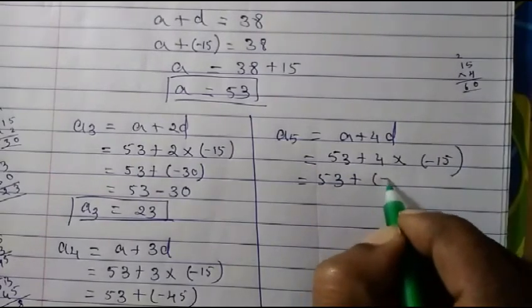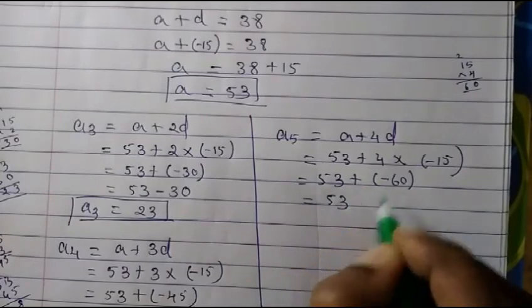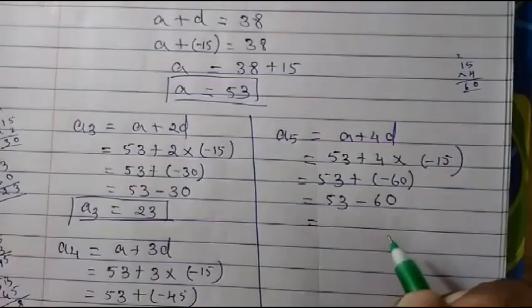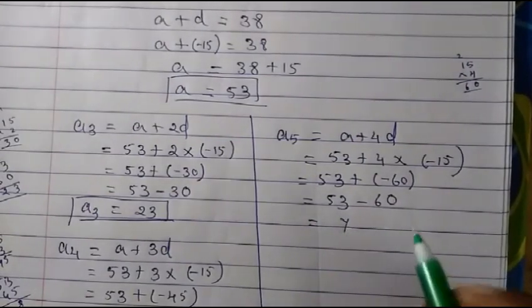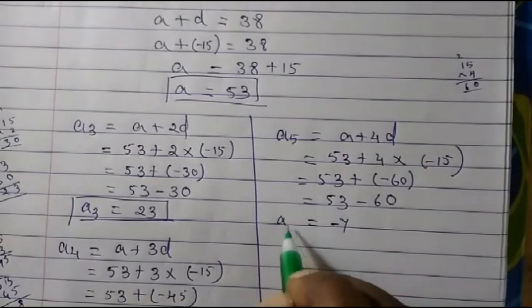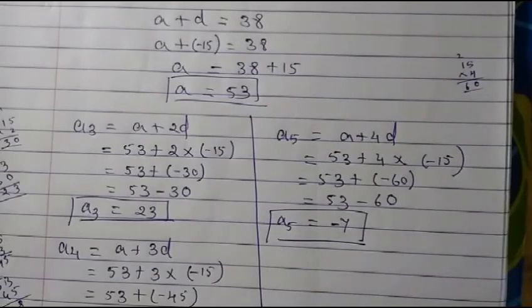So it will give us minus 60. So 53 plus minus 60. From 60 you subtract 53, it will give us 7. But the biggest number is minus, so we will get minus here. So A5 is minus 7. So all the missing terms we have found out.